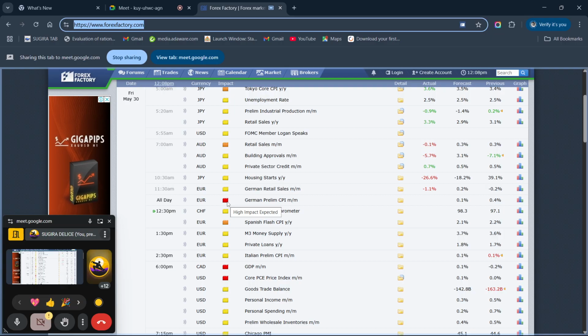For example, today on euro, the market is going to be having German prelim CPI. They're going to be having CPI, which will involve high volatility in the market, in euro currencies.